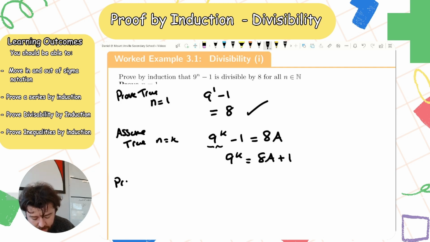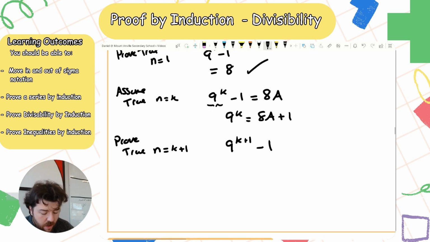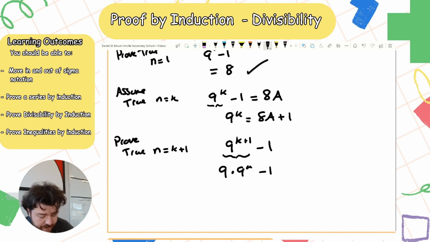Now, finally, prove true for n equals k plus 1. So I have 9 to the k plus 1 minus 1, and I need to show that this is divisible by 8. So I rewrite this as 9 times 9 to the k minus 1.